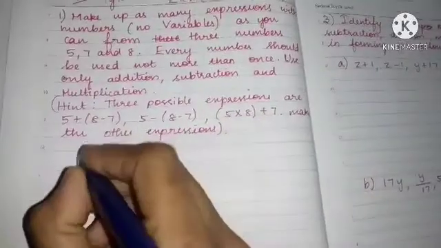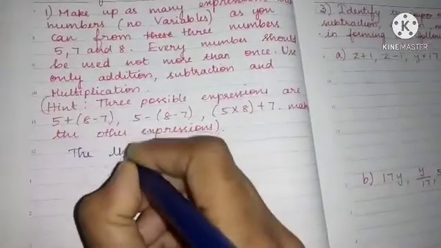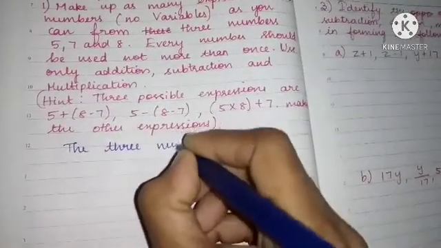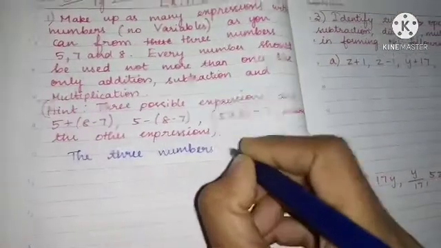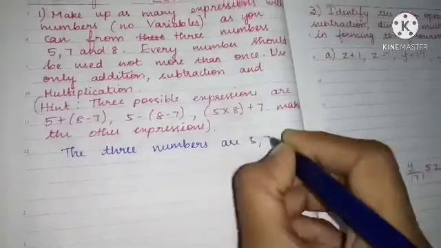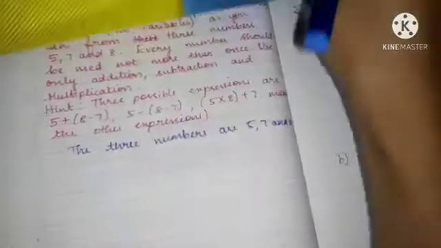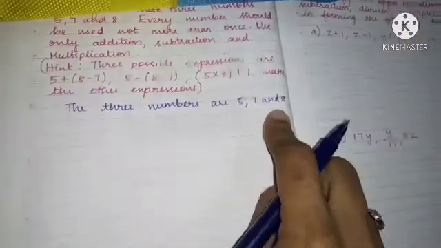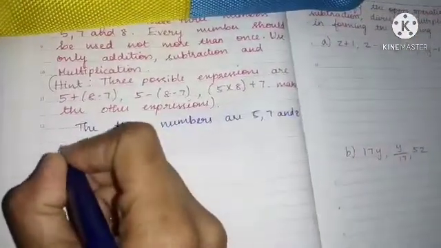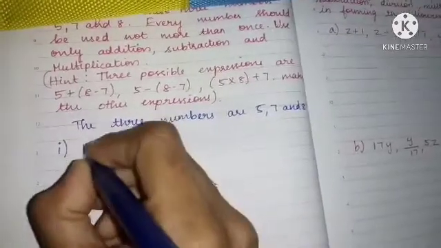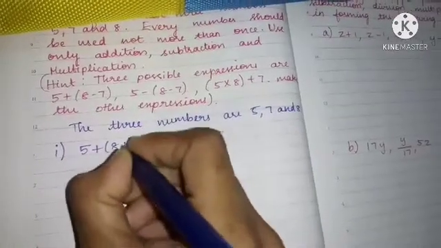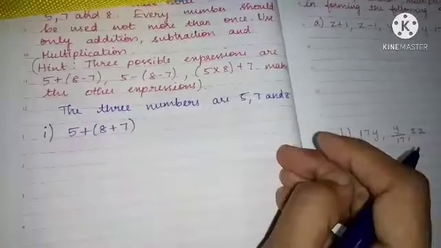What are the 3 numbers? The 3 numbers are 5, 7 and 8. So I am going to start the first one: 5 plus 8 plus 7.